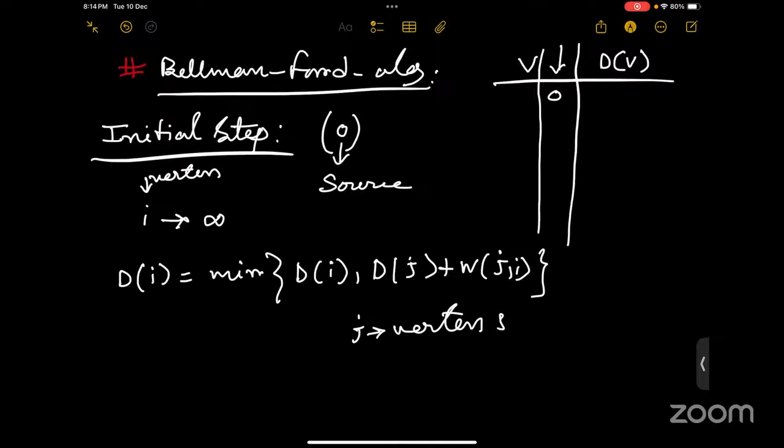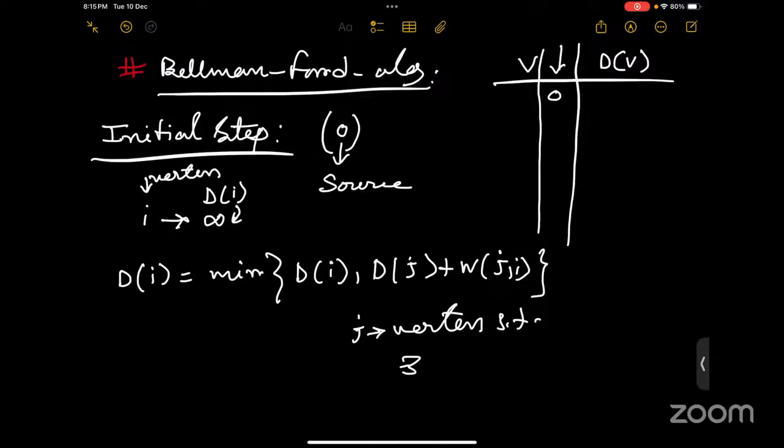0 is the source here. I am denoting the source as 0. Initially we will denote the distance of any vertex other than the source as infinity. So this is the initial step, the initialization.